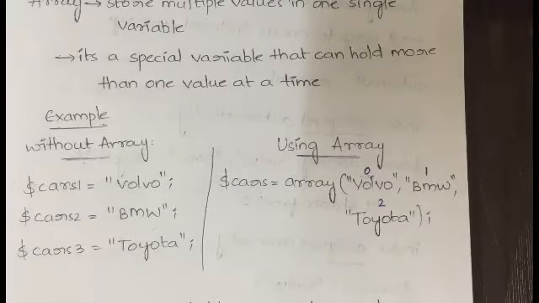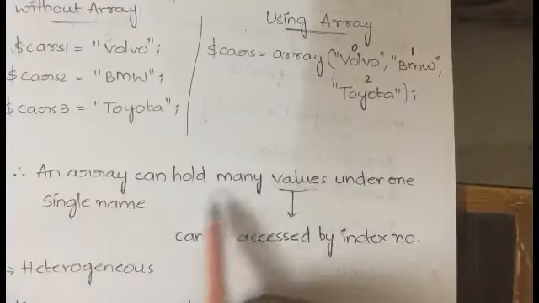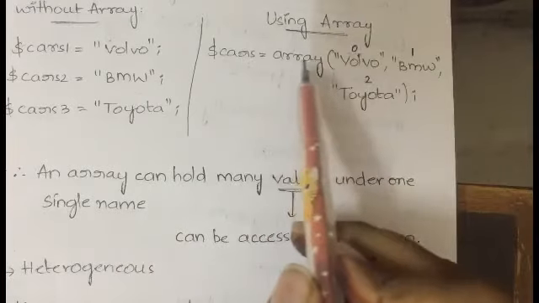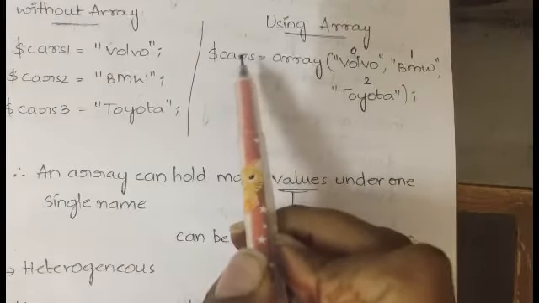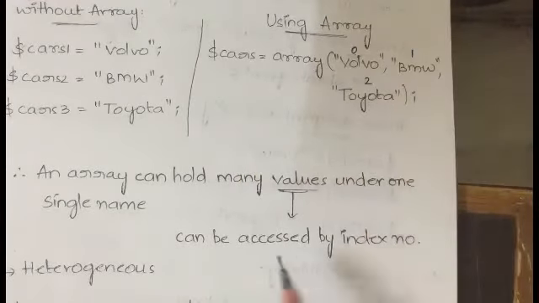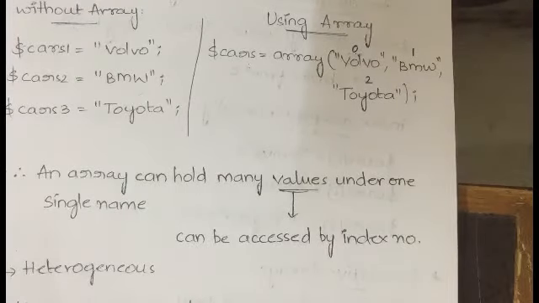This is about using arrays and not using arrays. Now we will see about what are the types of arrays. An array can hold many values under one single name. That is what we saw, right? Cars is one single name, and under this one single name we are holding three values, right? And these are accessed by index numbers that I already said. And the next point is heterogeneous. Normally in C, arrays are homogeneous, right?